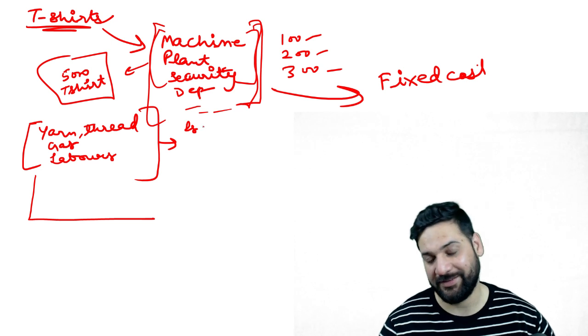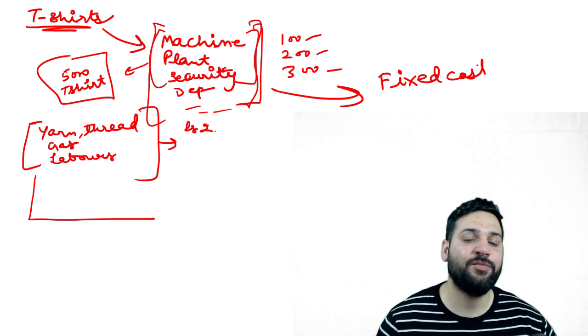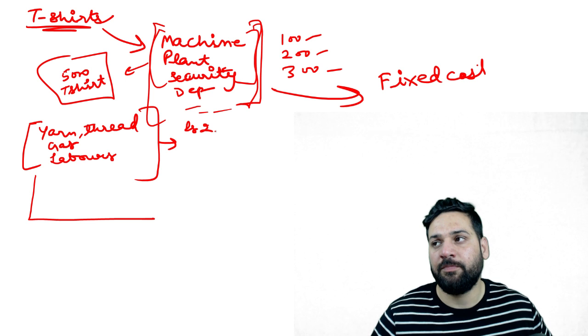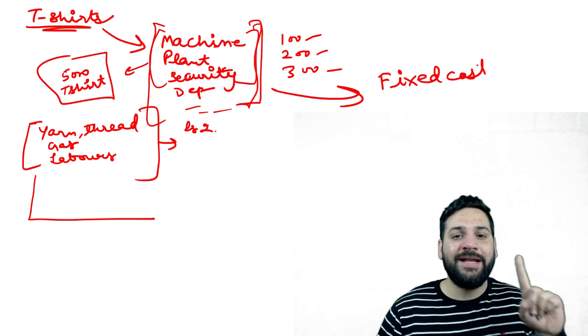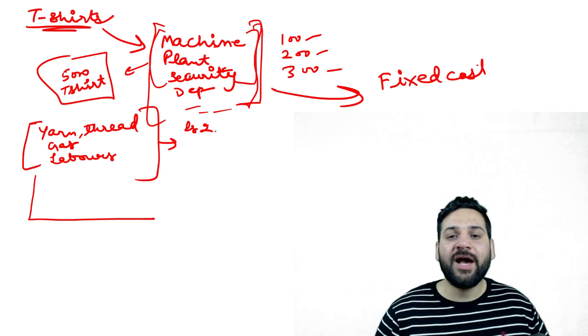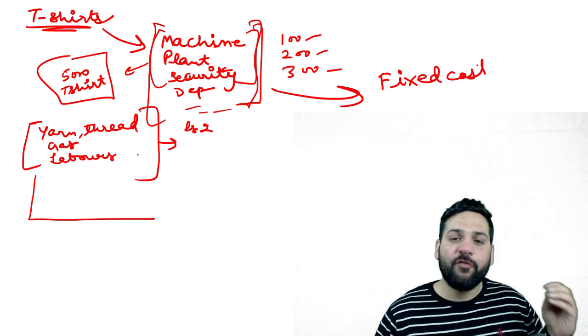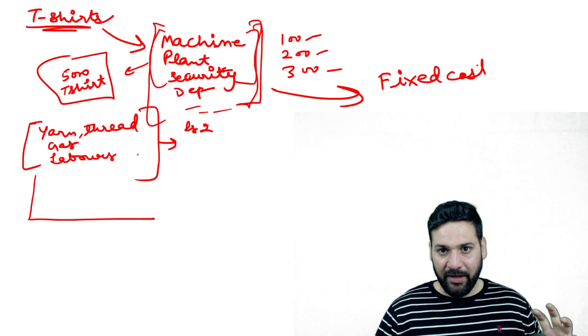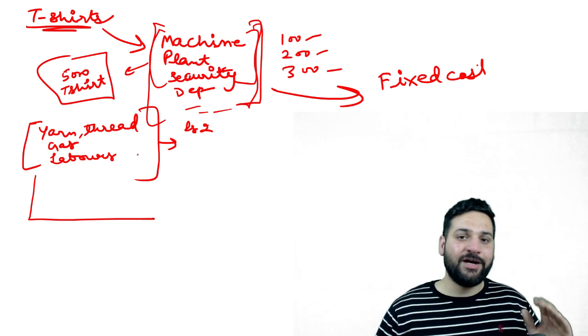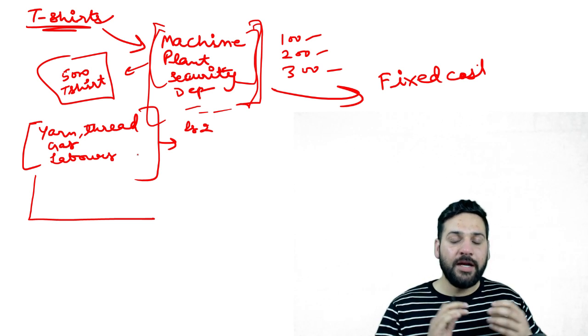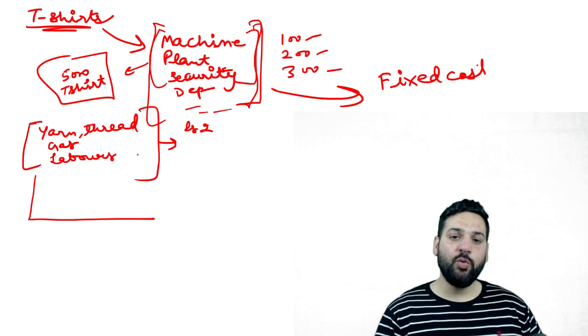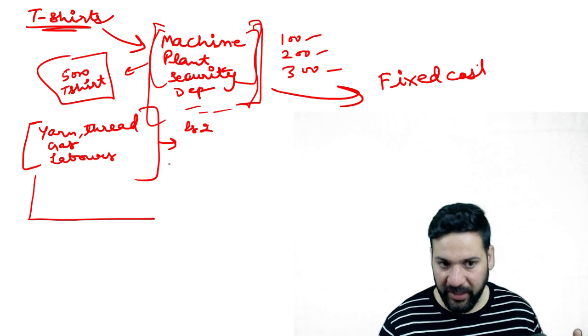What is the per unit expense of yarn for producing one t-shirt? How much yarn is required? ₹2. How much electricity is required for producing one t-shirt? How much labor is required in terms of money? So you can calculate the per unit expense there.